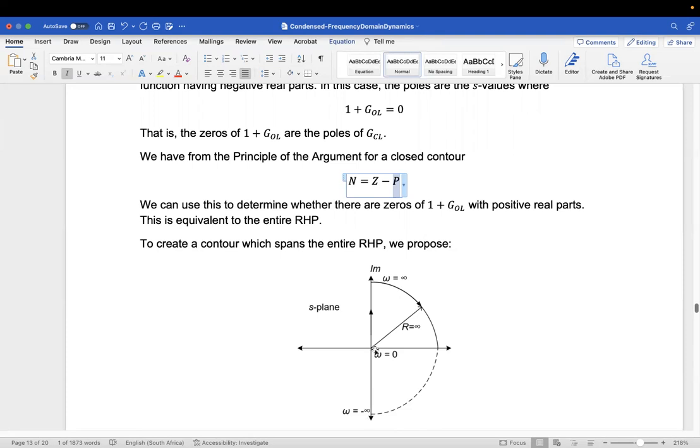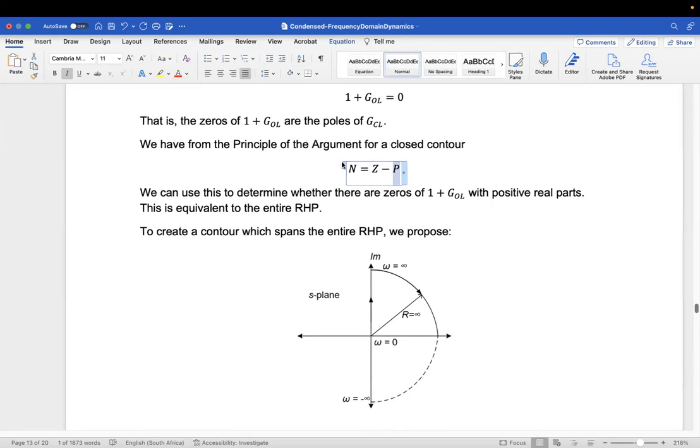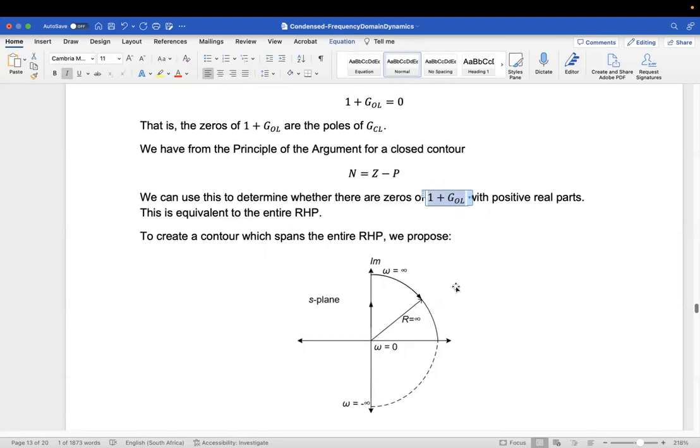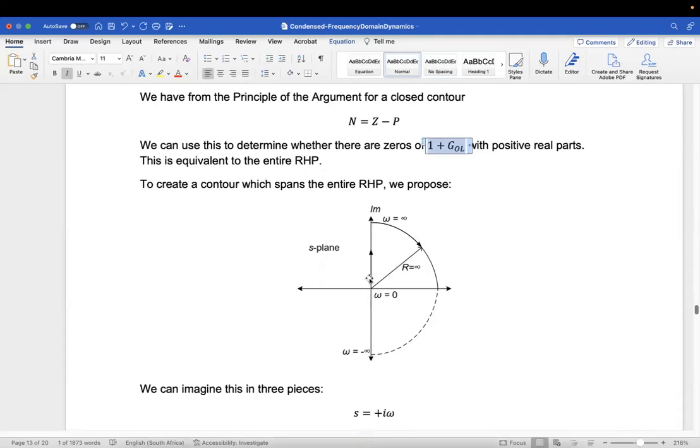So as we do all that, if we observe that G closed loop goes around the origin even once, then that means we do have a 0 in the right-hand plane of this function. And so then we would say it's not stable. So we are concerned about doing that and seeing that N is more than 0.